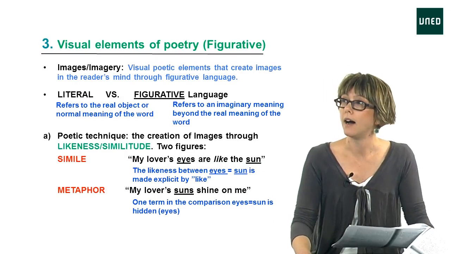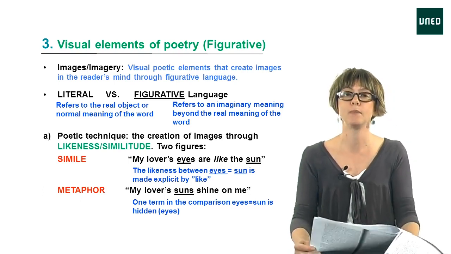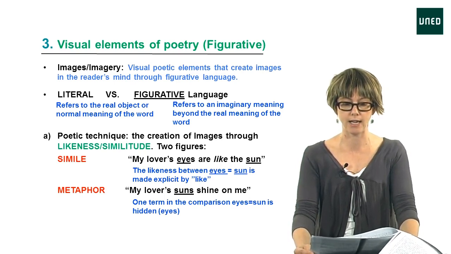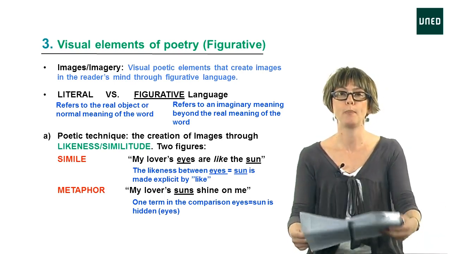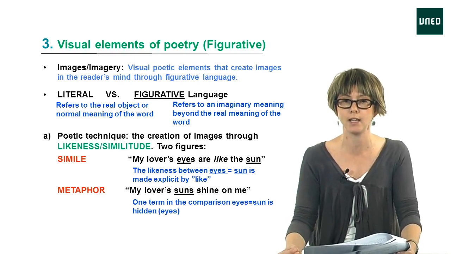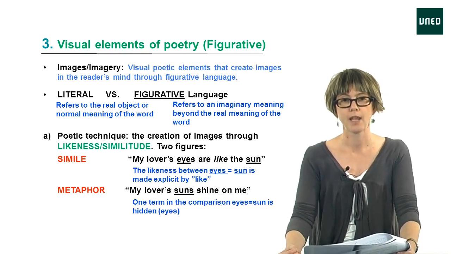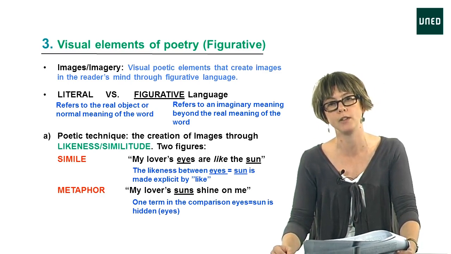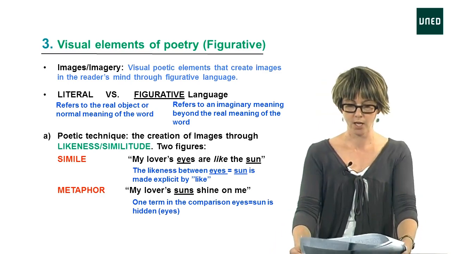Fine. Next section, visual elements of poetry made by figurative language. We'll talk about images and imagery. That is, the visual poetic elements that create images in the reader's mind through figurative language.